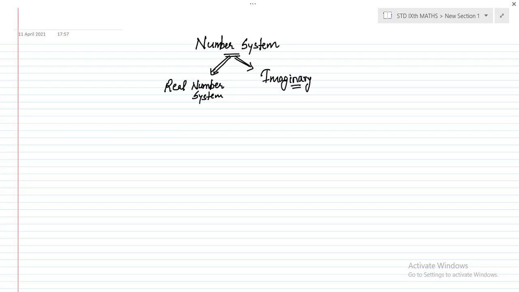Let us understand the difference between them. In the real number system, we learn about two types further: one is the rational number and the other is called the irrational number.